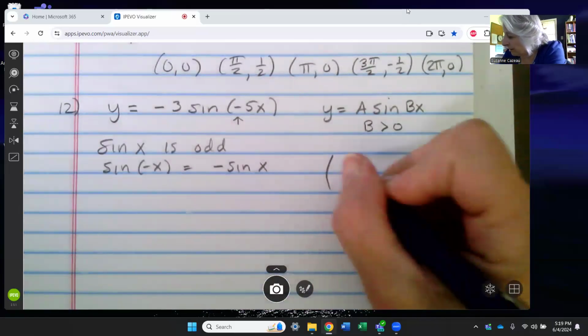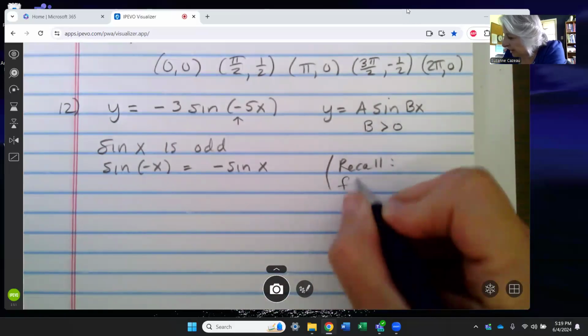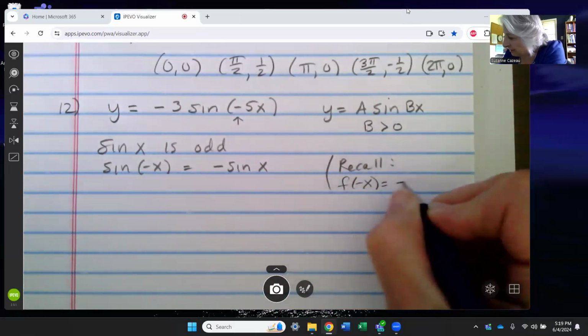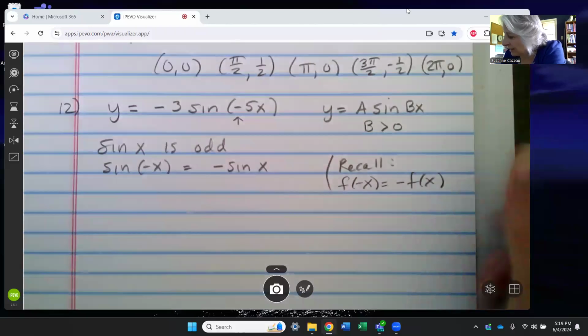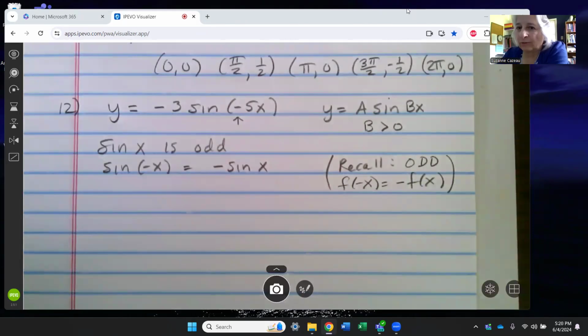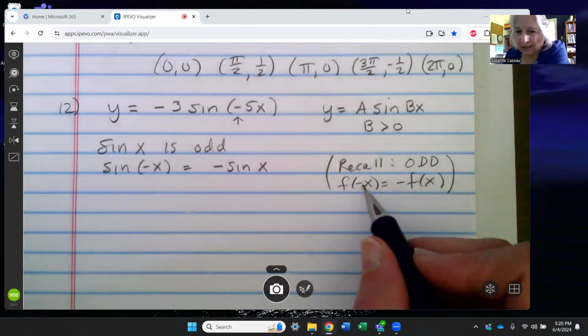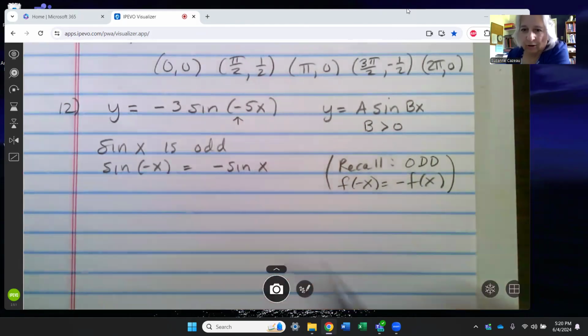Also, you might recall that f of negative x is negative f of x when it's odd. You might remember that from 143, or if you're doing 143, then you'll see that. But odd functions, you can take that negative out and put it in front.